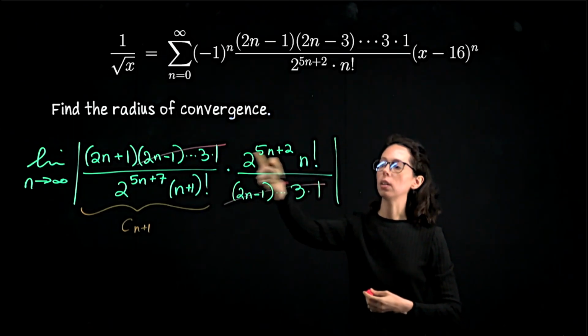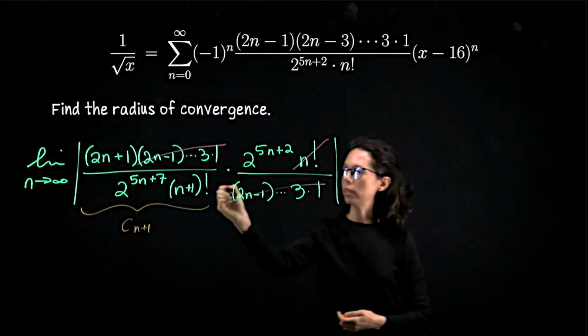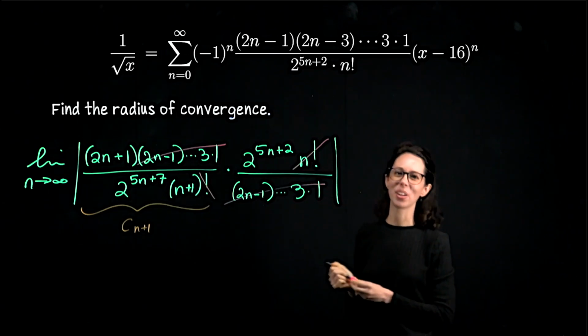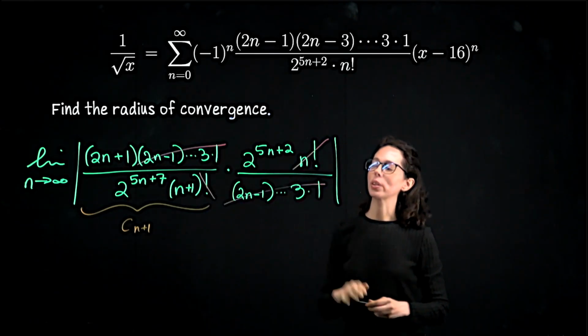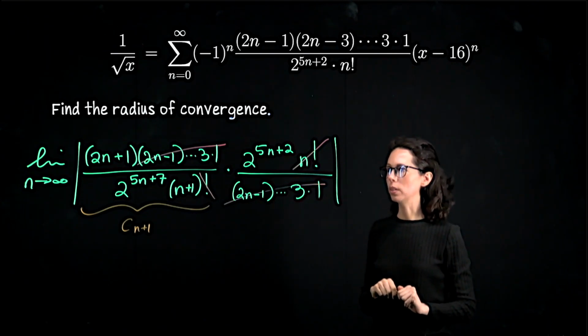The n factorial will divide into the n plus 1 factorial in the way that we've seen a lot. Let me write n factorial cancels out the factorial part of that, if you know what I'm trying to say. So n plus 1 factorial is like n plus 1 times n factorial. So we canceled out that n factorial.